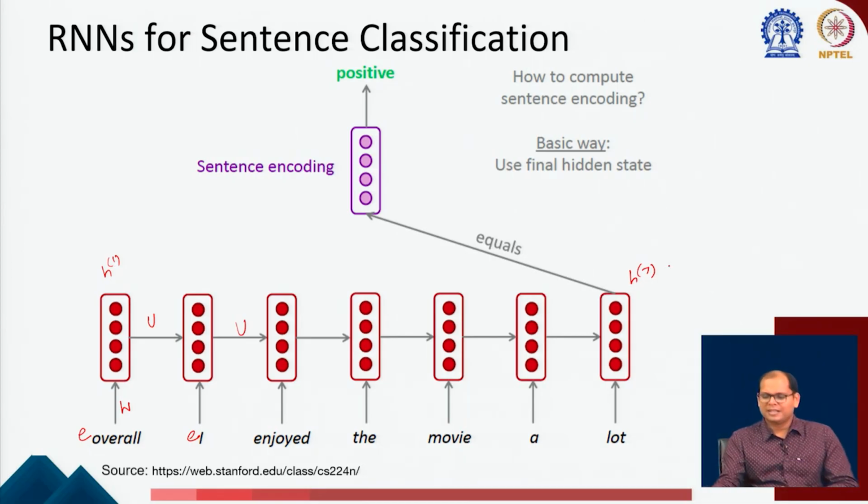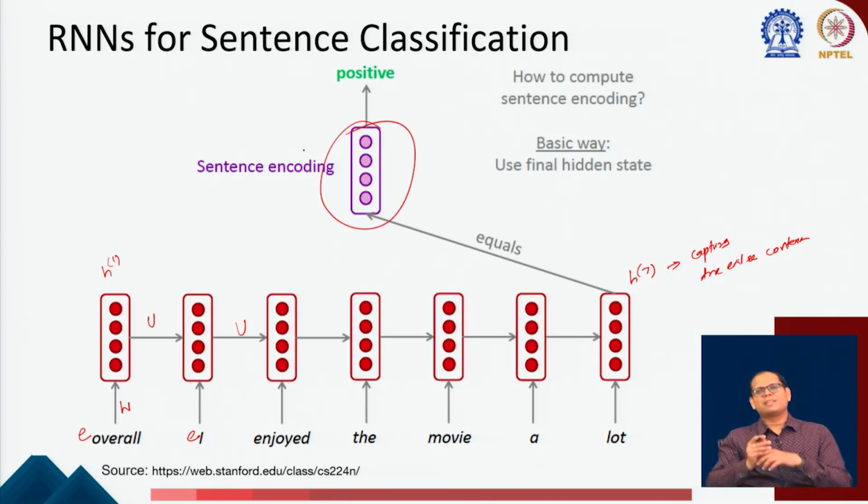So H7 captures the entire context. So now this becomes my sentence encoding, and I can apply another matrix on top of that to do the final prediction, to take it to 3 dimensions, that is positive, negative, neutral, and I do softmax and so on, right? So I can do the training accordingly, and the inference accordingly. So this is the basic way, just use the final hidden state.